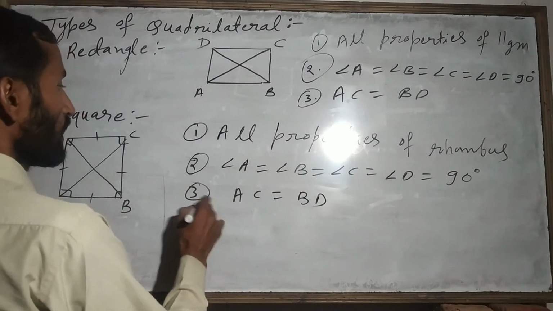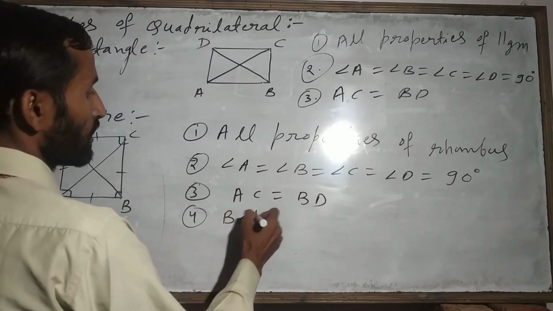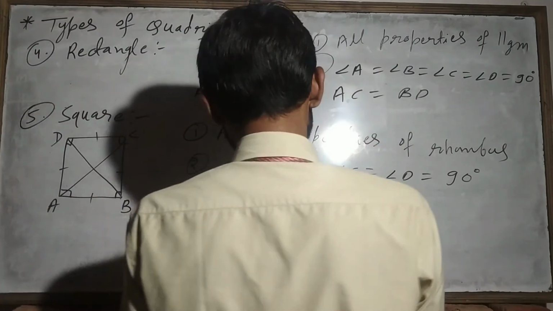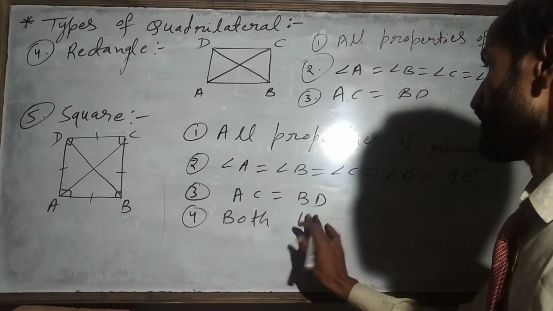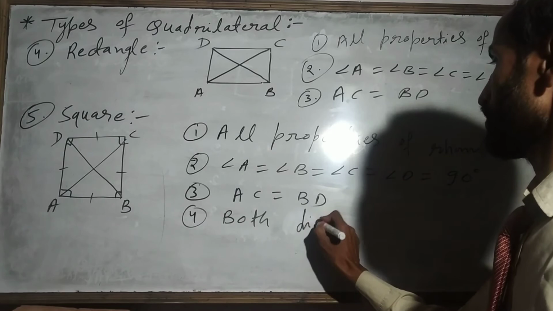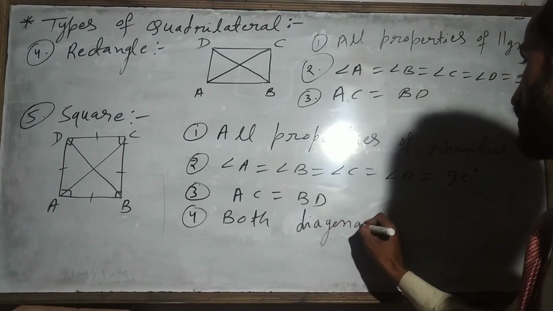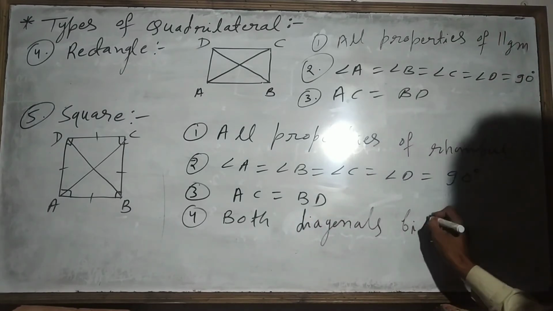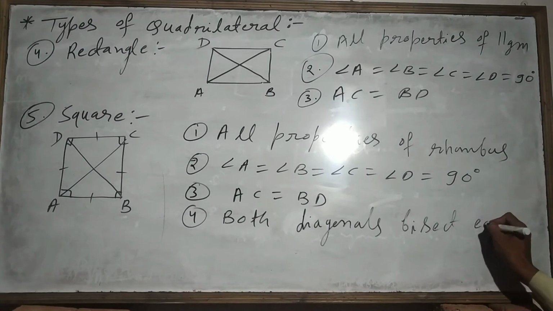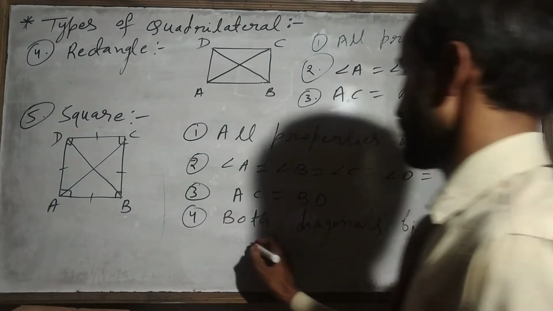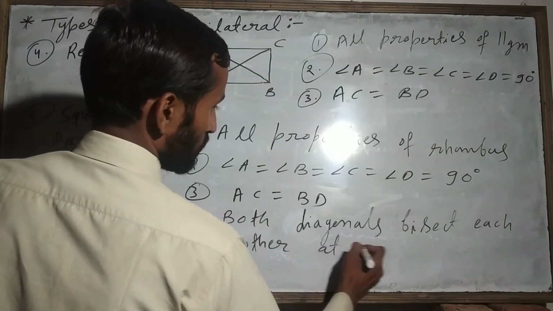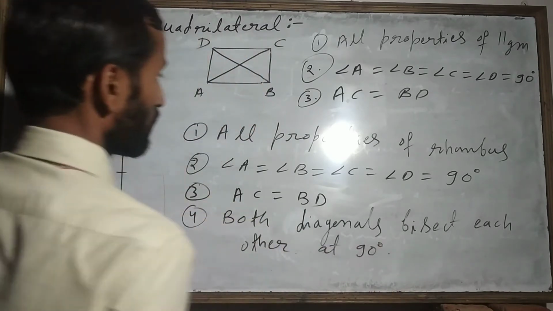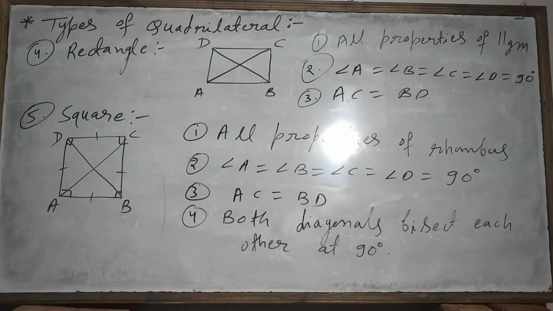And fourth, you can write here both diagonals bisect each other at right angle, because of the properties of a rhombus. So both diagonals bisect each other at 90 degrees. Like this you can write here also, and understand carefully.